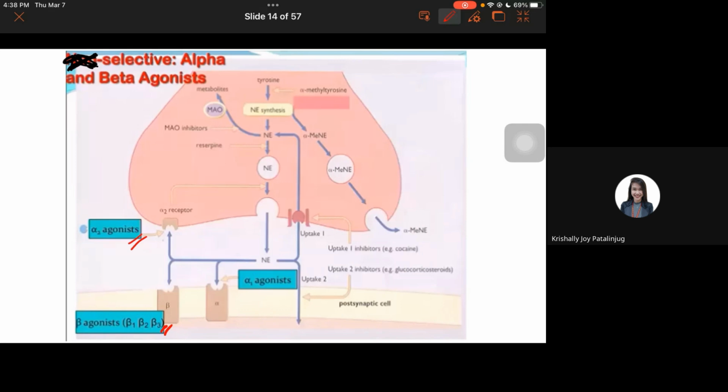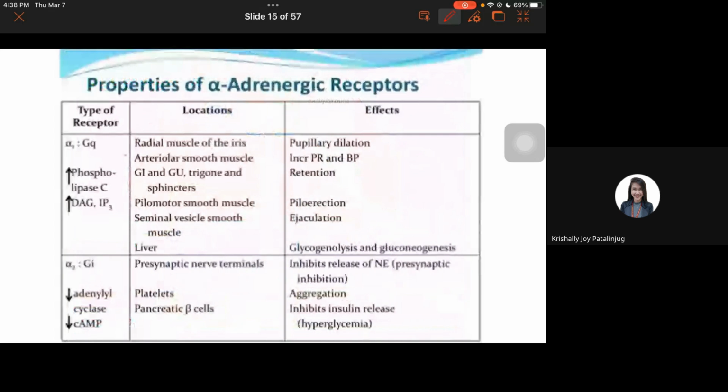Yun lang ibig sabihin ng selective sila nga direct acting. Okay, maarte sila when it comes to binding. Meron lang specific nga receptor sila, kung saan sila nagbabind. Okay, so again, alpha and beta agonists are selective direct acting.